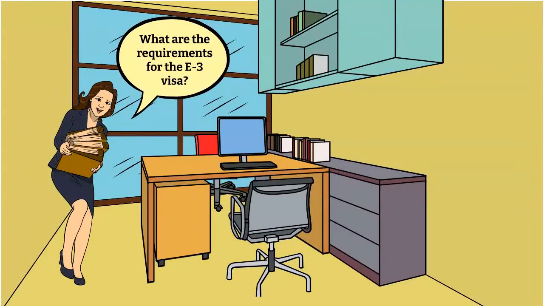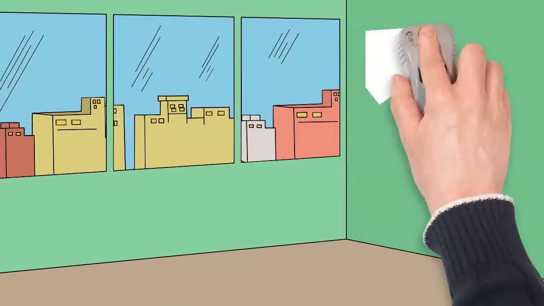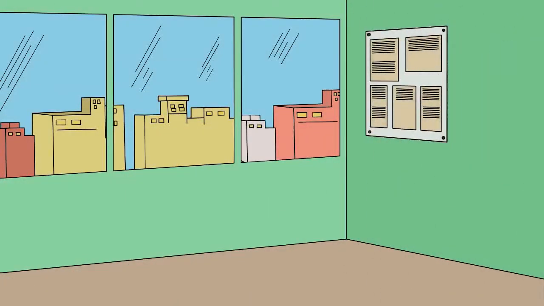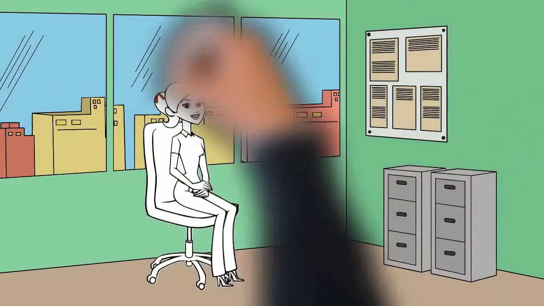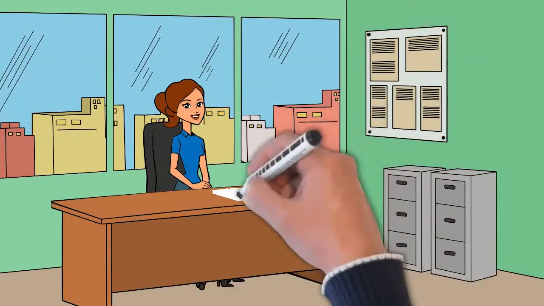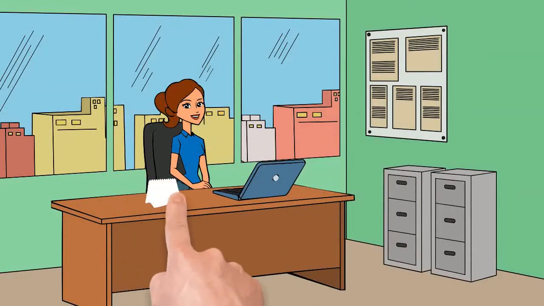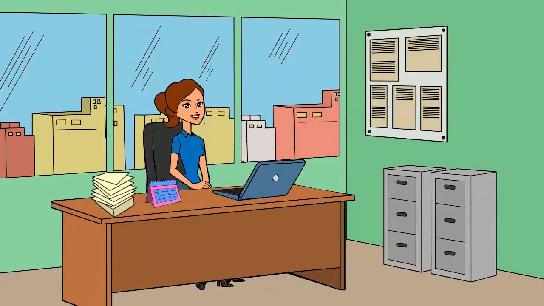The applicant must already have an offer of employment in the United States for the position in the specialty occupation. They must also meet the academic requirements and any other occupational requirements that qualify them for the specialty occupation. They must possess any licenses that are required for the occupation. Finally, the E-3 applicant must satisfy the government that their stay will be temporary, and that they do not intend to permanently remain in the US.